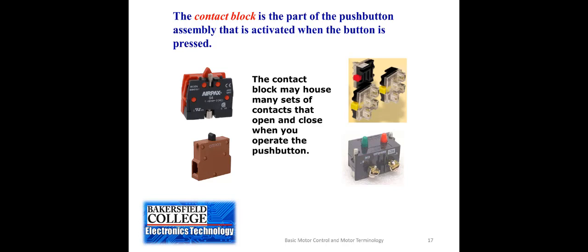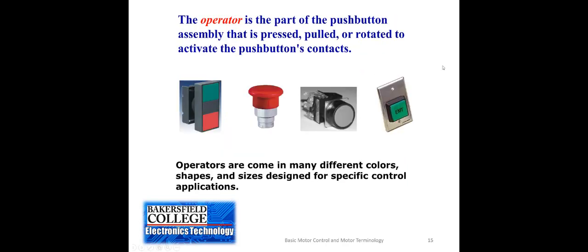That would make that a break-make contact block. And then the one below that at the right actually has 2 contact blocks built in. It has a normally open and a normally closed. And that might be the type of contact block you would use for that operator that has the green and the red push button built into it, the start and stop push button operator.